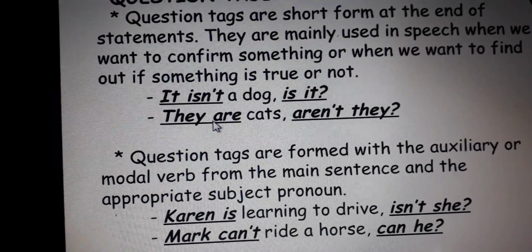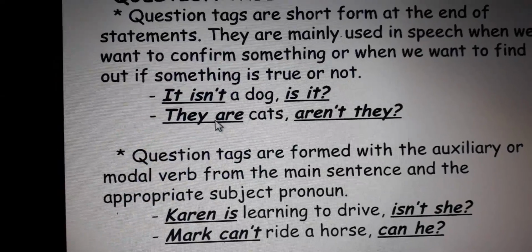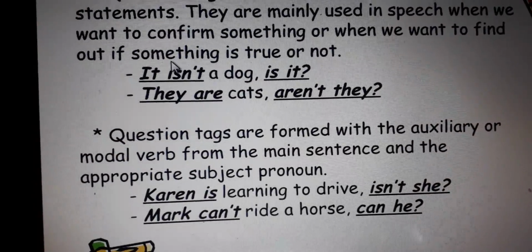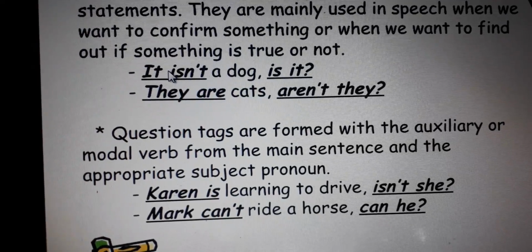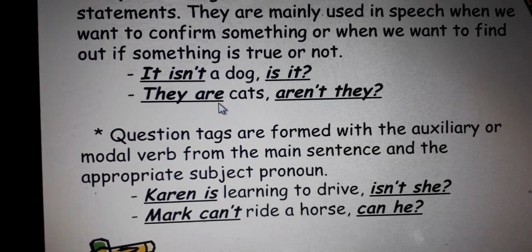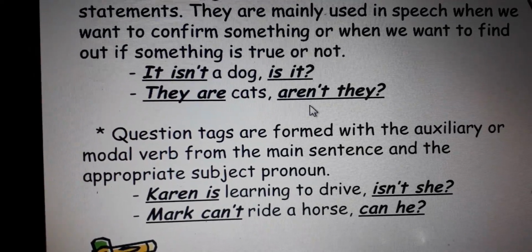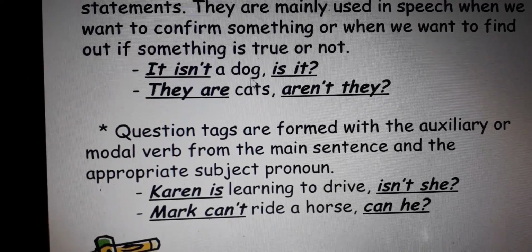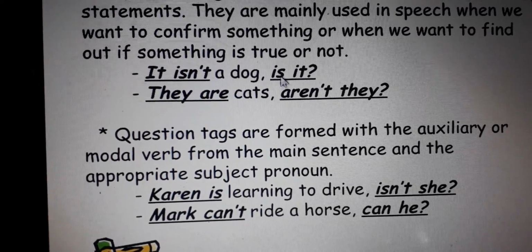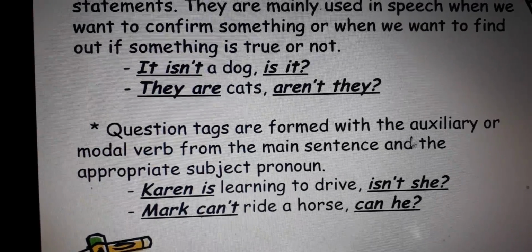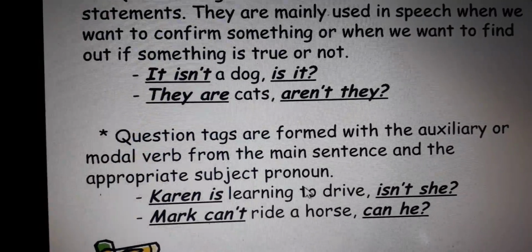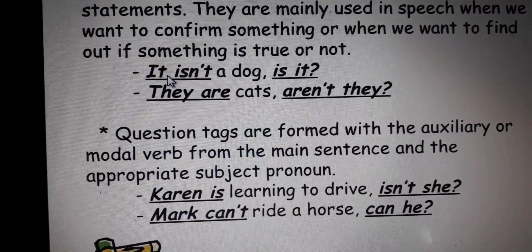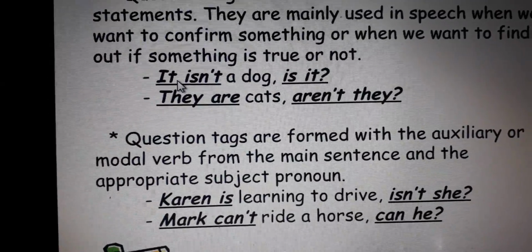There helping verbs are helping a lot, right? So here also helping verbs are going to help you. Question tags are formed by the helping verbs and the appropriate subject pronoun. We are going to use the pronoun of the subject.